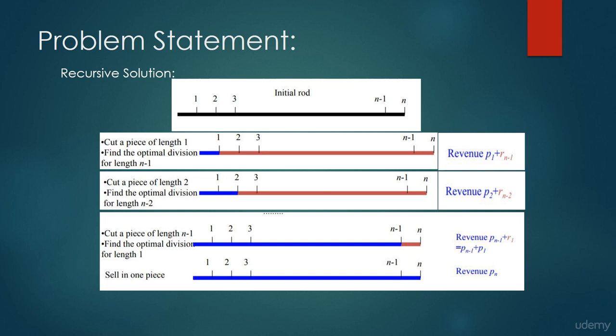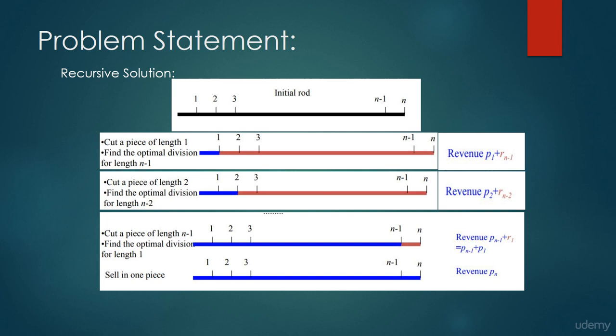And finally, the last option is I sell the whole rod for Pn, and that's it. So basically I can either sell it for P1 plus R_{n-1}, or P2 plus R_{n-2}, or P3 plus R_{n-3}, all the way down to P_{n-1} plus R1, or Pn.